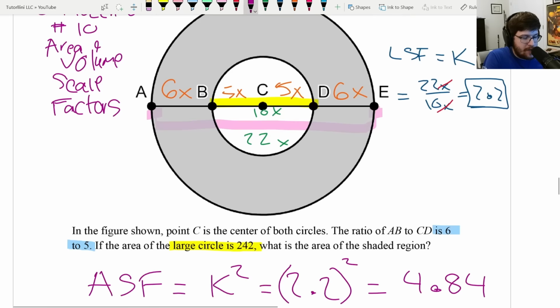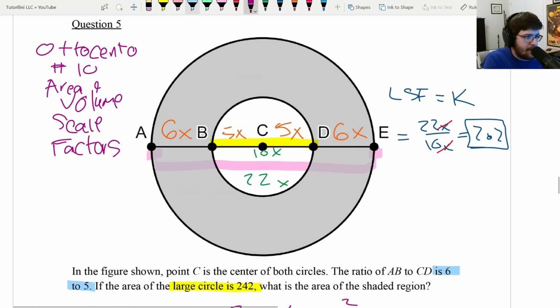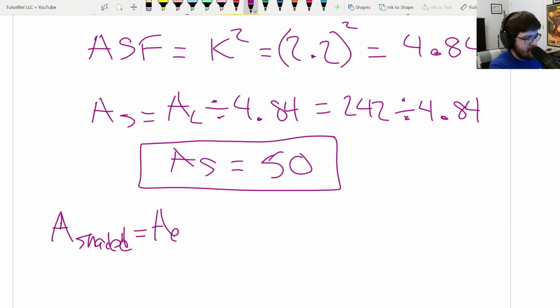Okay, so now we are going to find the area of the shaded region, like this outer ring around here. To do that, we're going to do the encompassing area, in this case the large circle, and take away the unshaded area, in this case the small circle. So the area shaded is equal to the encompassing area, the enclosed area, minus the unshaded area in that enclosure.